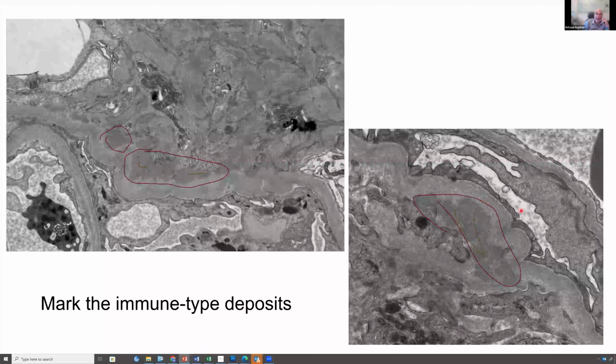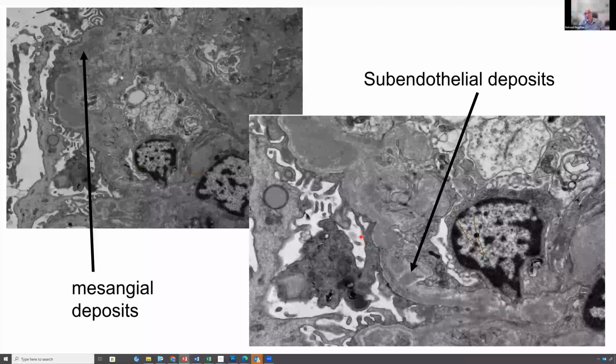Also, as you saw by immunofluorescence microscopy, there was segmental peripheral capillary wall staining, and concordant with that, we had some subendothelial deposits. As you can see, this is the capillary lumen and endothelial cells, and you can say that because you see the fenestration and it's directly touching the lumen. So this is endothelial cells.